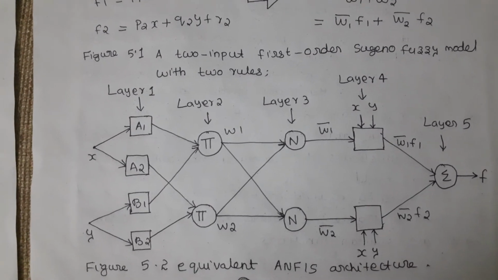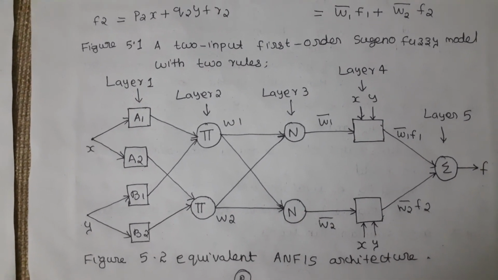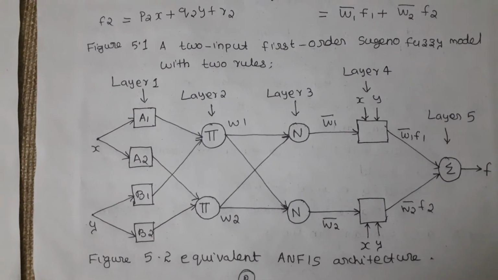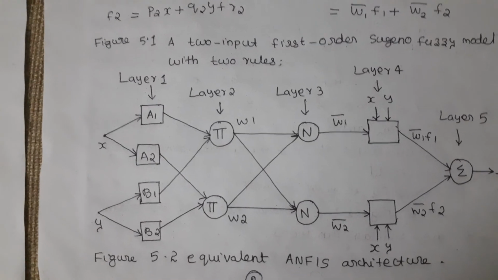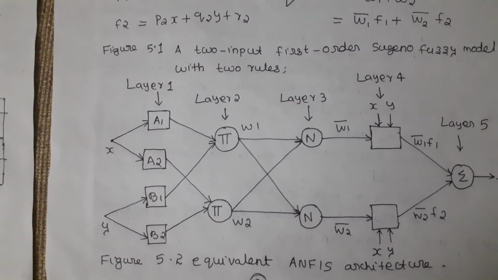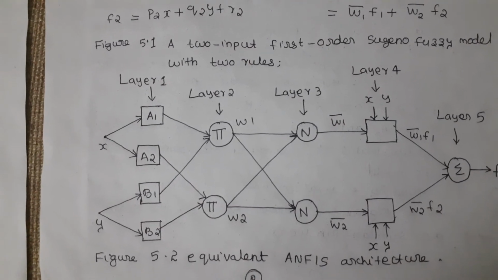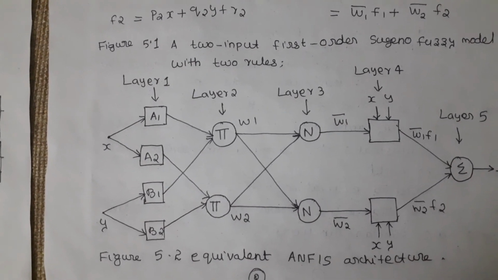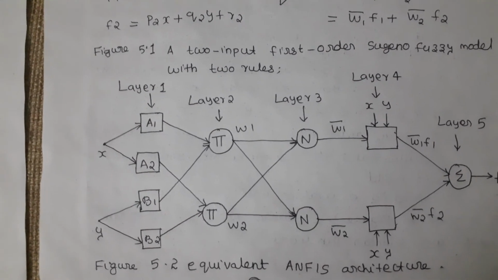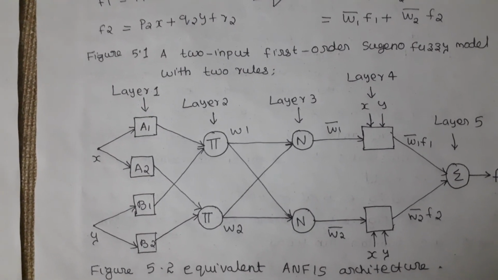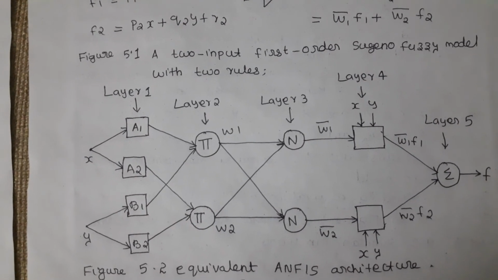So there are 2 passes in the hybrid learning procedure for ANFIS. In the forward pass, the premise parameters are fixed and the consequent parameters are identified by using the least square estimator. In the backward pass, the consequent parameters are fixed and the premise parameters are identified by using the gradient descent method.